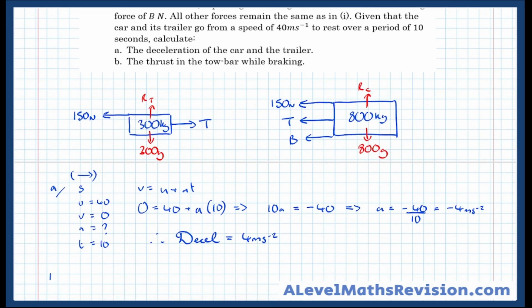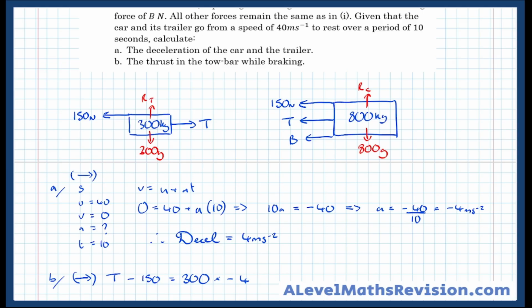Part B of this, the thrust in the tow bar while braking. So this is a similar question to before. We need to do F equals ma, but this time we know the acceleration. So in order to find the thrust in the tow bar, we're going to do F equals ma on the trailer. So considering right to be positive again, we've got T minus 150 equals mass times acceleration, which is minus 4 meters per second squared.